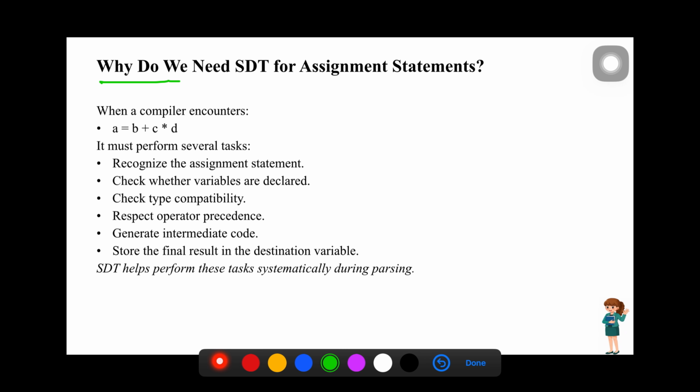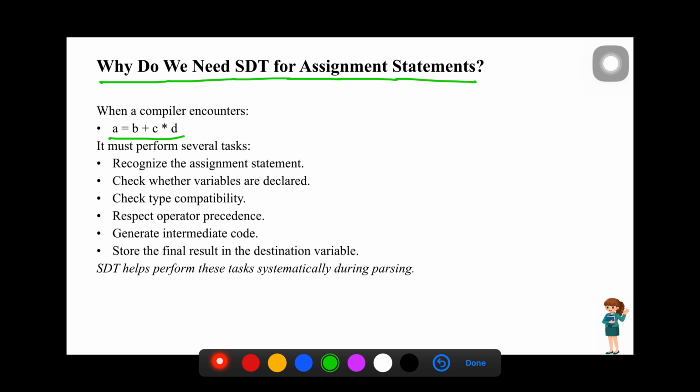Why do we need SDT for assignment statements? Consider the statement A equals B plus C into D. The compiler cannot simply process this from left to right. It has to understand that multiplication has higher precedence than addition.